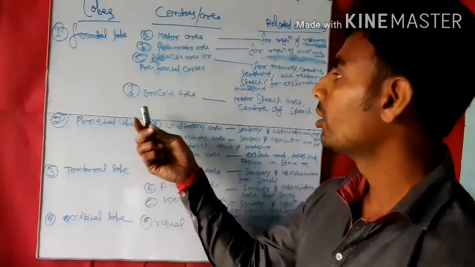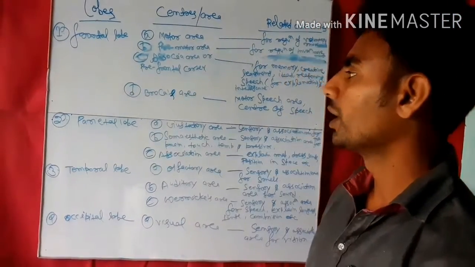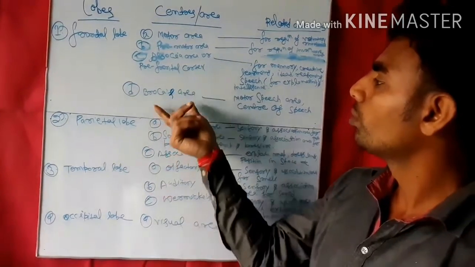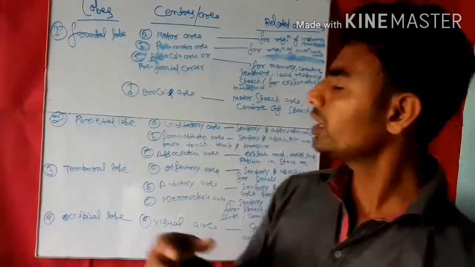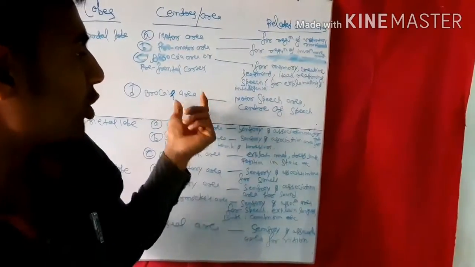And fourth is Broca's area. What are the related activities of Broca's area? Broca's area is the motor speech area, the center of speech.